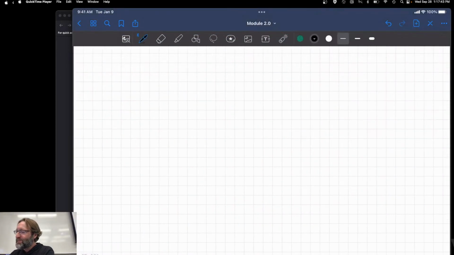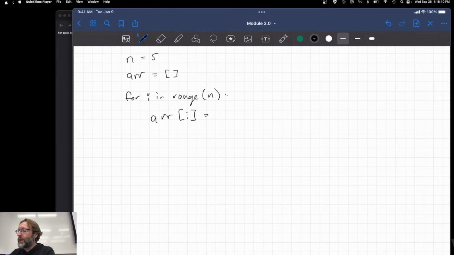Yeah, you could do a list of lists. Let's write some Python here, by hand. So if you have a is equal to, what is it going to be, a list like this, right? Then for i in range of, I don't know, n, then we can say that array sub i is equal to a new list. Now, you don't have a guarantee on here that these are going to be square.